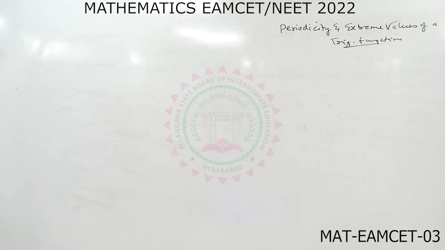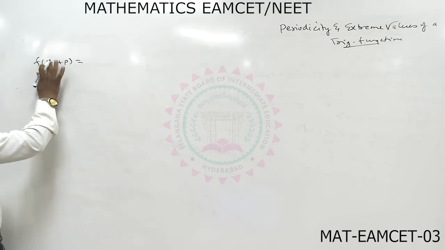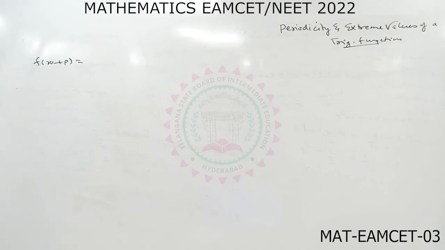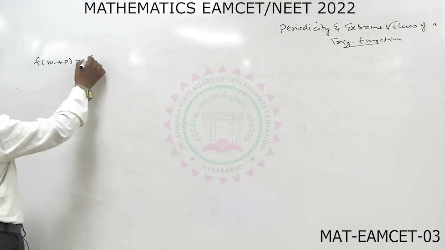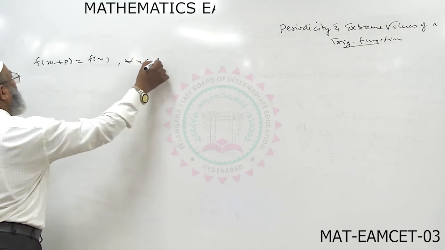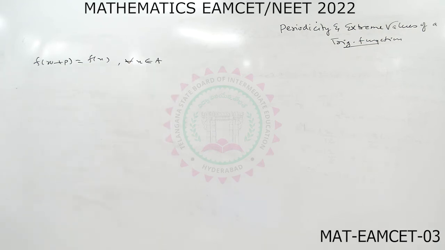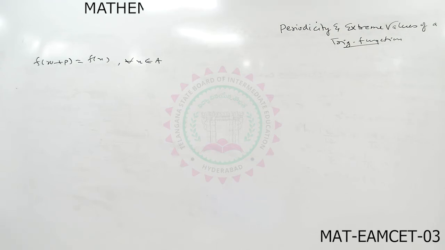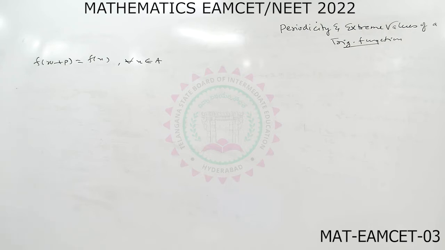So, you know what is the definition of a period? A real function f, from A to R, is said to be a periodic function if there exists a positive real number p such that f of x plus p is equal to f of x for every x belonging to A. This p, the least such value, is known as the period of f.